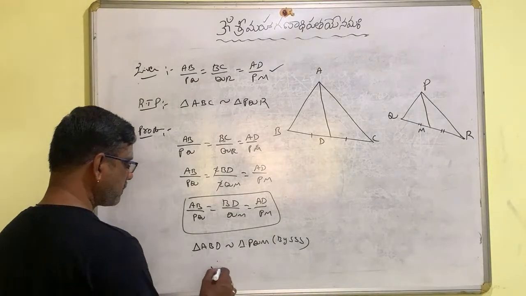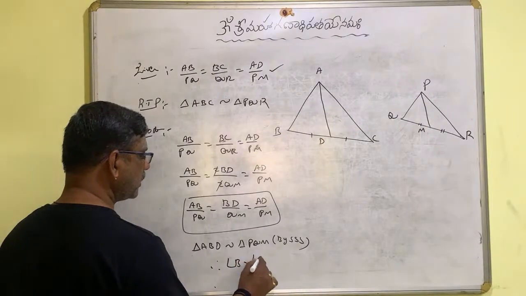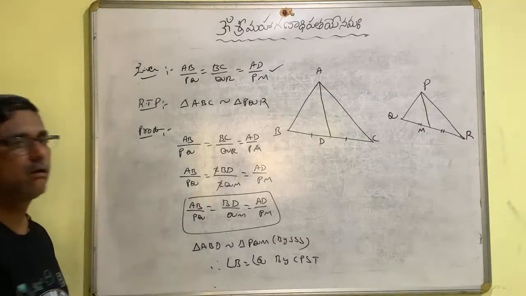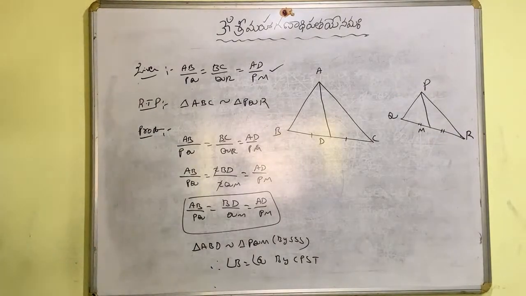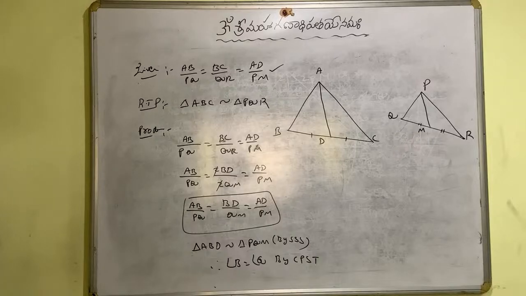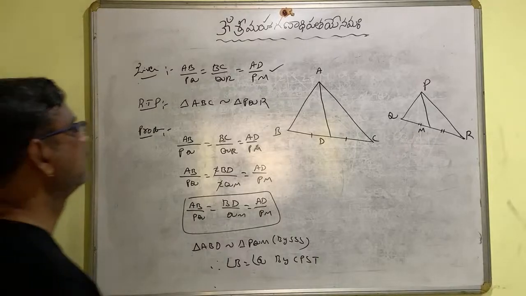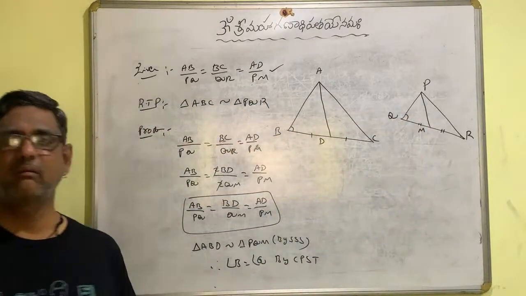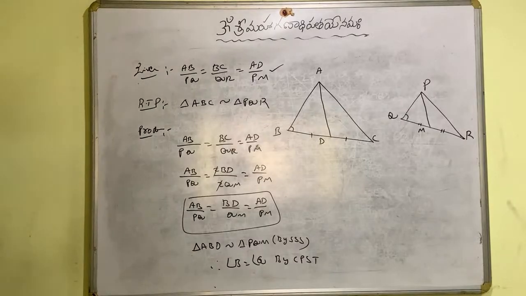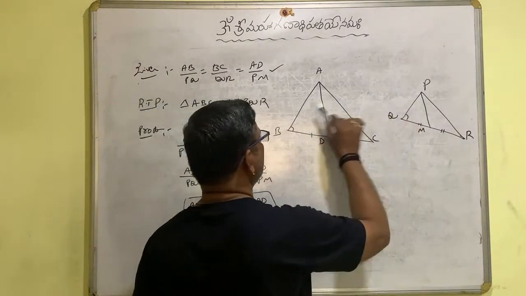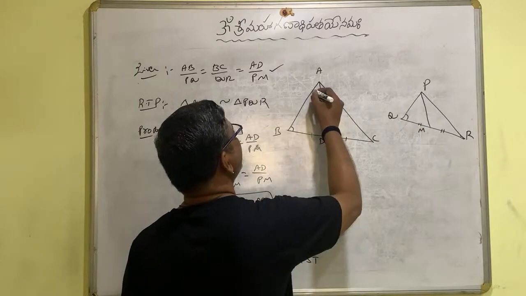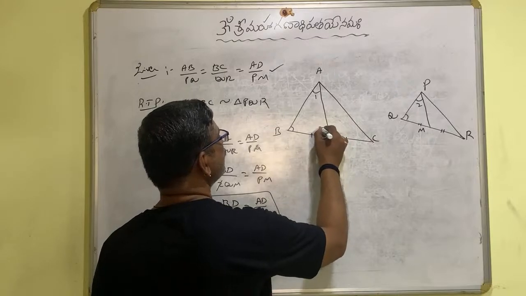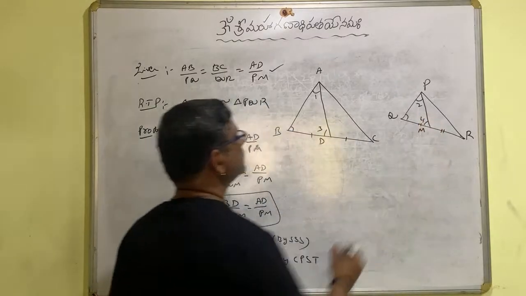So therefore, angle B is equal to angle Q by CPCT. That means these two angles are equal. Why did I take only those two? Since these two triangles are similar, I can say this angle is equal to this angle also, and this one equal to this one also.